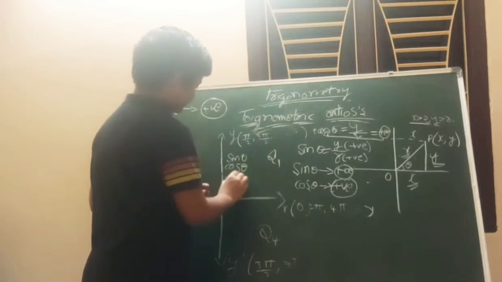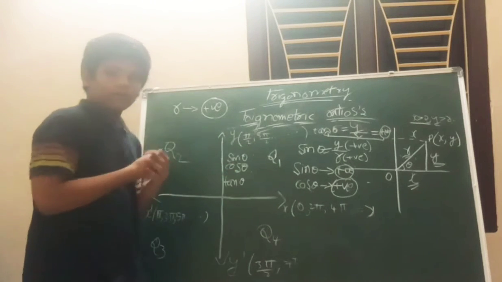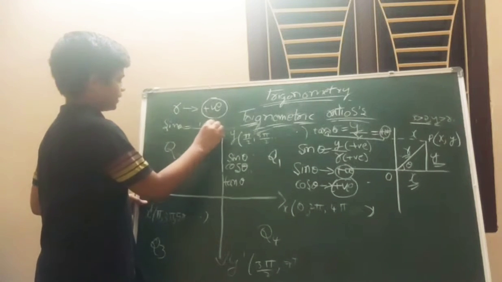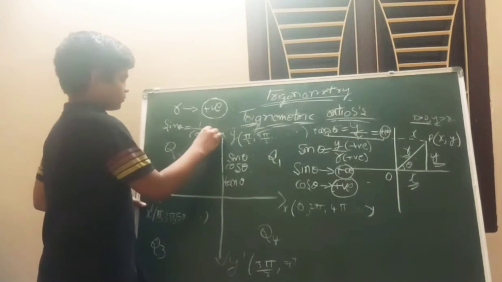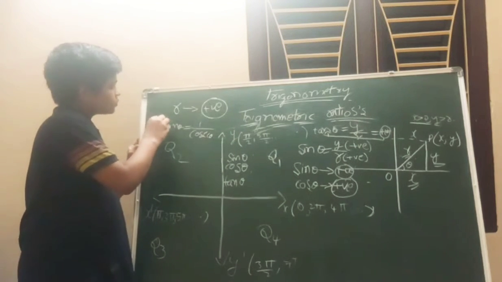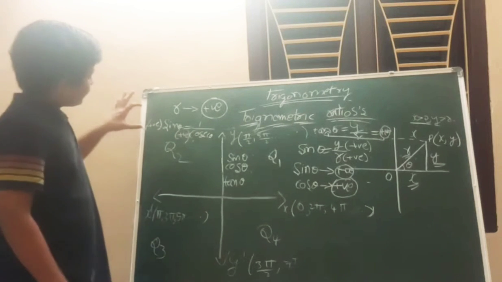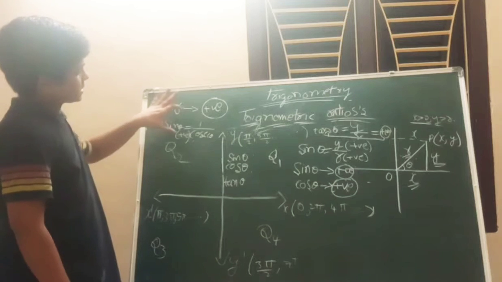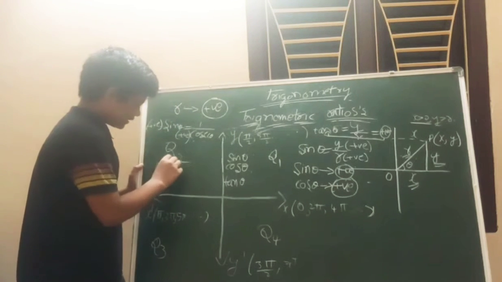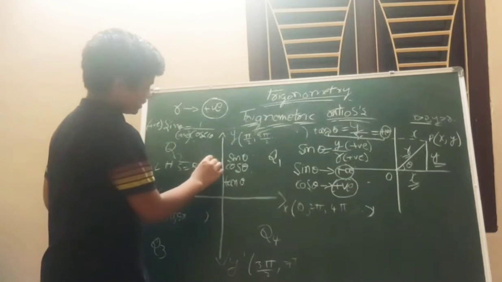Sin theta, cos theta, tan theta are positive, and their reciprocals are also positive, because sin theta is equal to 1 by cosecant theta. Here sin theta is positive in quadrant 1, so cosecant theta should also be positive, because the sign of LHS is equal to the sign of RHS.